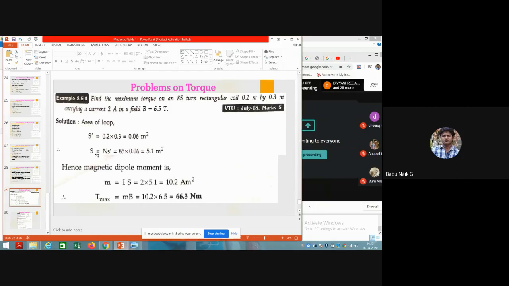So n into S is 85 into 0.06, which is 5.1 meter square. Now the magnetic dipole moment.